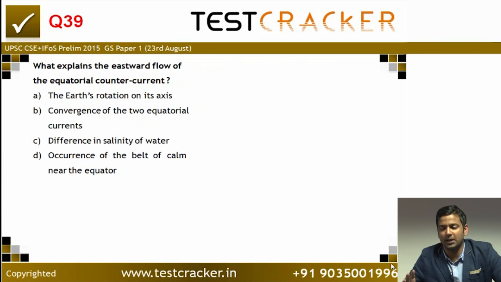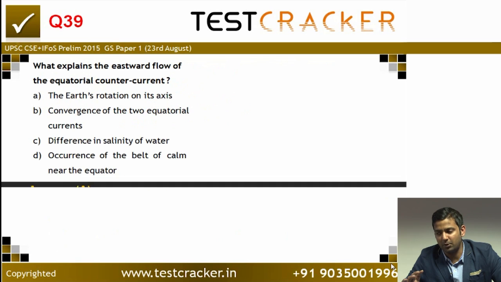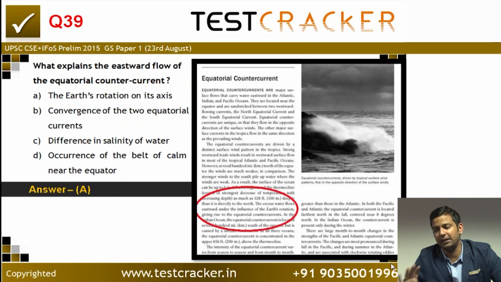Eastward flow of the equatorial counter current, not an easy question to answer unless you are very good at geography, but if you were trying to bring in some logic here, you probably could have zeroed in on the answer, which is Earth's rotation on its axis. This is the primary reason for the eastward flow of the equatorial counter current.